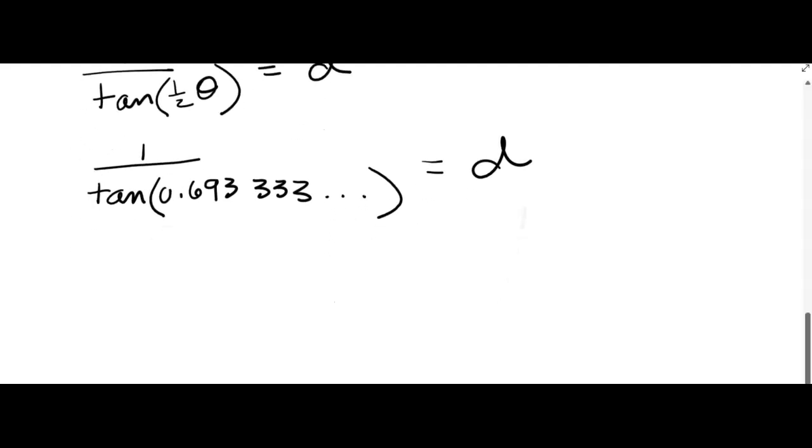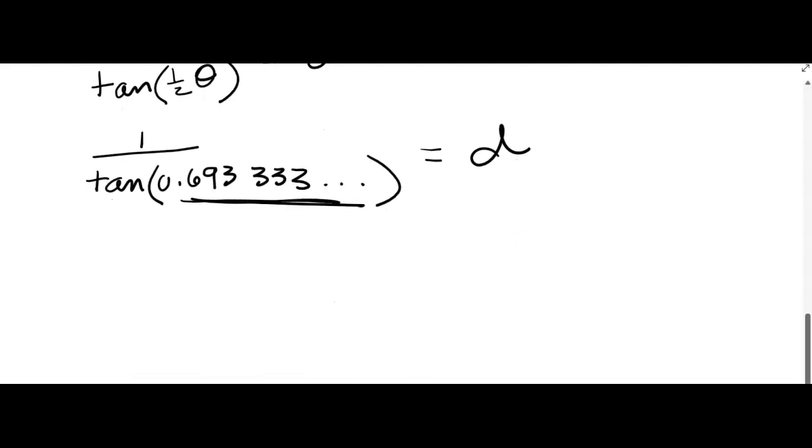So on my calculator, since I already have this in my calculator, I'm going to go 1 divided by. And then I probably should open a parenthesis. So I have 1 divided by parenthesis. When in doubt, put the parentheses in. Tan, T-A-N, and it opens a parenthesis.